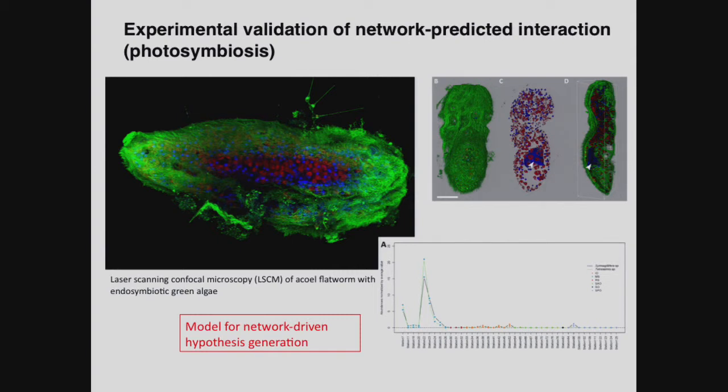This is a very nice example where a predicted interaction in a computer program, when you go back to the samples and put them under the microscope, you actually see the interaction. This is an acoel worm, where the red here are green algae living inside the worm, doing photosynthesis and giving energy and nutrition to the worm. And this was predicted by just looking at a pattern like this. I think that is very, very exciting.